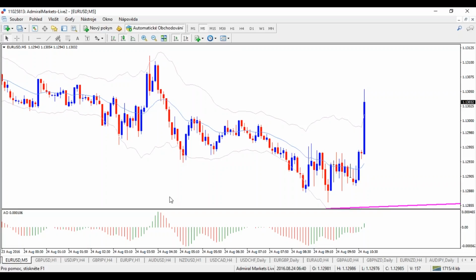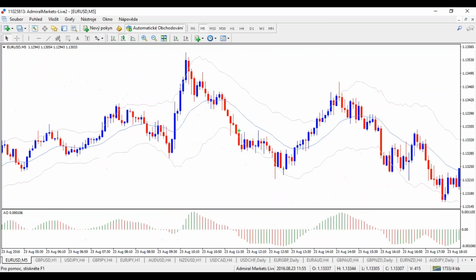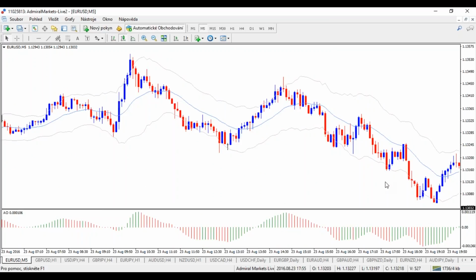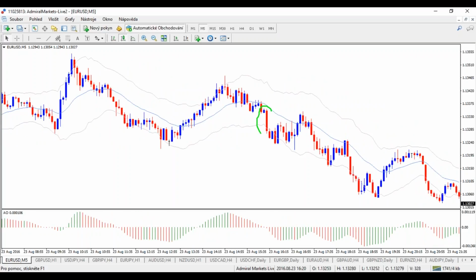So here, for instance, bounce. But you get breakouts too, for instance, here. You get a breakout, not a big breakout, but sometimes more than other times. But you want to look for the first push, right?